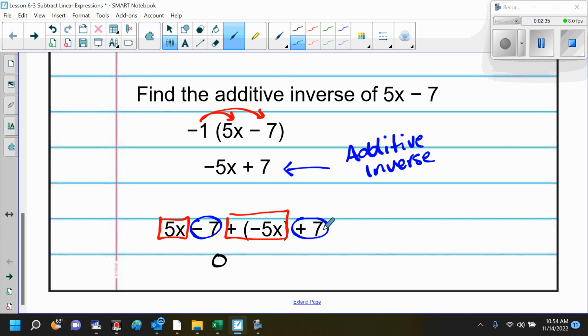And -7 plus 7, that's equal to a 0. So if I add 0 plus 0, that's going to give me 0. So these do add up to 0. So these two expressions are additive inverses.